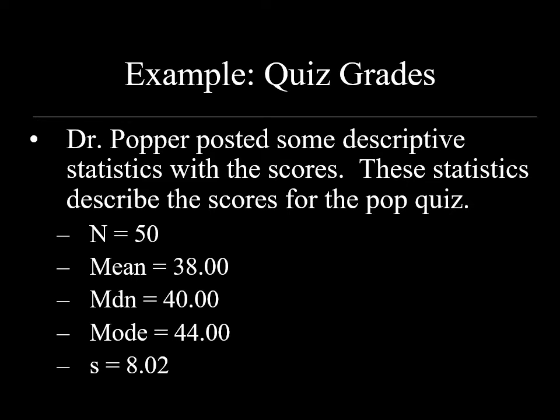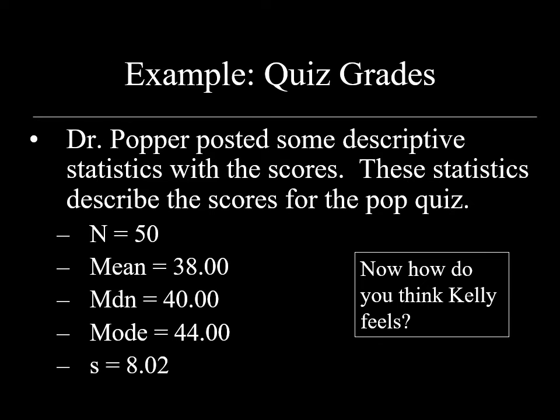So that would tell us that about 65 to 66% of the population would score between a 30 and a 46. That also means there's a fair amount of spread here, because the standard deviation is actually kind of exceeding the scale. And this, again, tells us that we don't necessarily know exactly what this distribution looks like, but it does give us some information that it isn't necessarily a normally distributed sample.